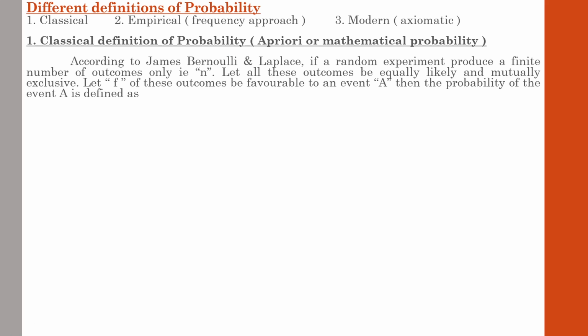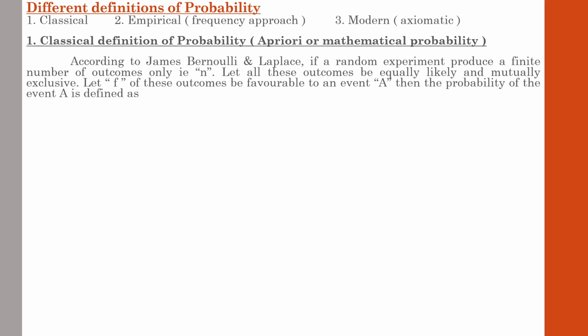They mentioned that if a random experiment produces only a finite number of outcomes, let it be n number of outcomes, and all these outcomes are equally likely or mutually exclusive, whatever may be the situation, let f of these outcomes be favorable to an event A, then the probability of the event A is defined as the ratio between f and n.